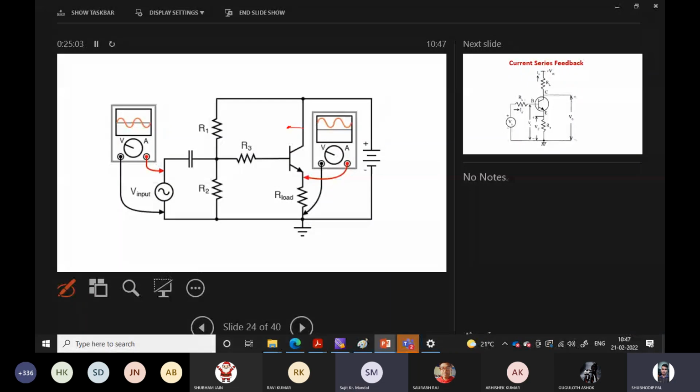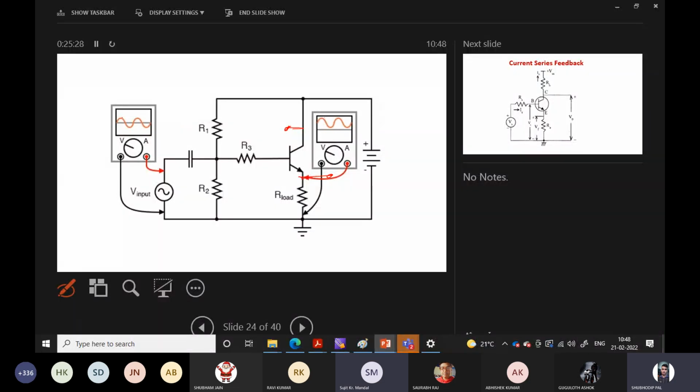With respect to the collector, this voltage will have a 180-degree phase shift, but with respect to the emitter, this voltage will have the same phase. For your convenience, that is shown here. If you take the voltage with respect to the emitter terminal, it will have the same polarity.